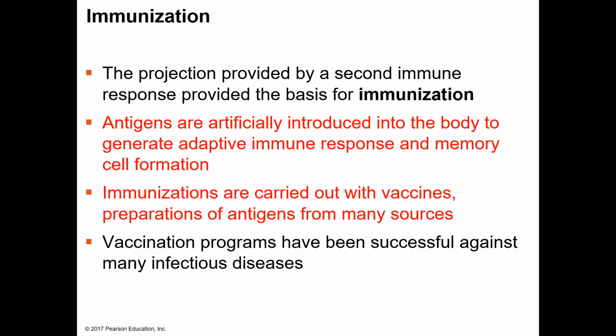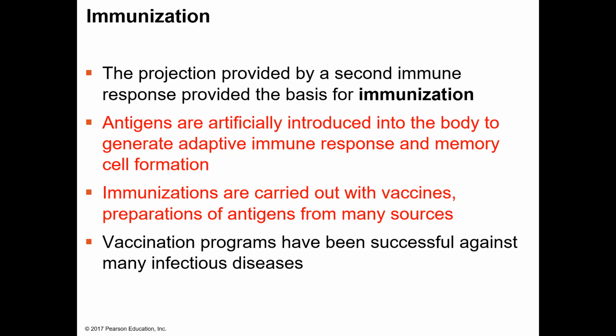So the nice thing about the adaptive immune system and the memory cells that are created is that we are able to engineer a way to pre-expose individuals in our society, so Homo sapiens, to particular pathogens that are not going to make them sick and will help to protect us from future potential infections. So these are going to be immunizations.